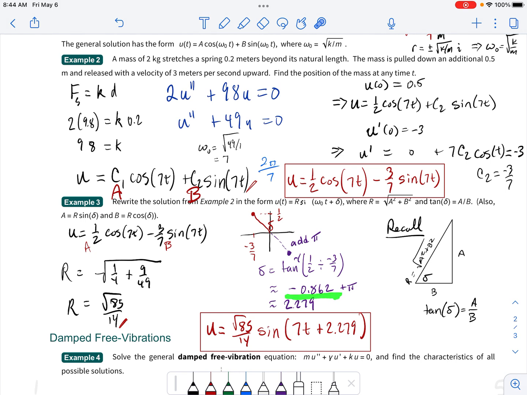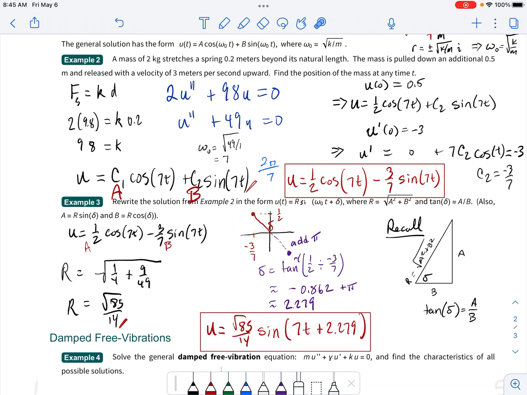But if we think about where these points actually lie in the entire plane, we have a negative 3/7 in the horizontal, and we've got a positive 1/2 in the vertical. So that really places us into the second quadrant out here.